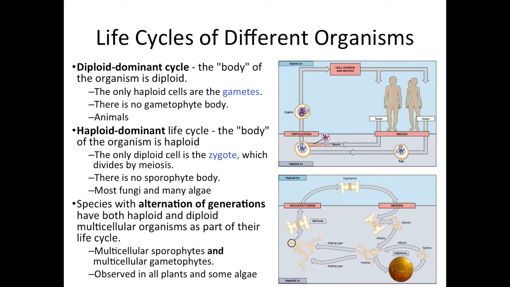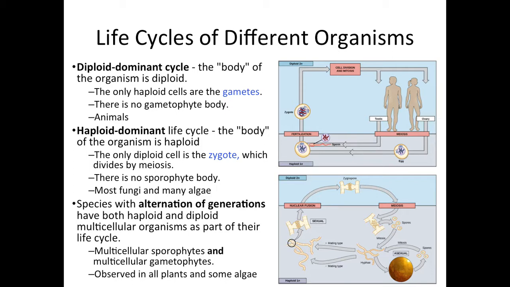Another strategy is the haploid dominant cycle, and that is employed by things like certain fungi and certain algae. The haploid dominant life cycle is the opposite of the diploid dominant cycle, where the body of the organism is haploid. And so when haploid sex cells or gametes come together by fertilization or by syngamy, they create a zygote.